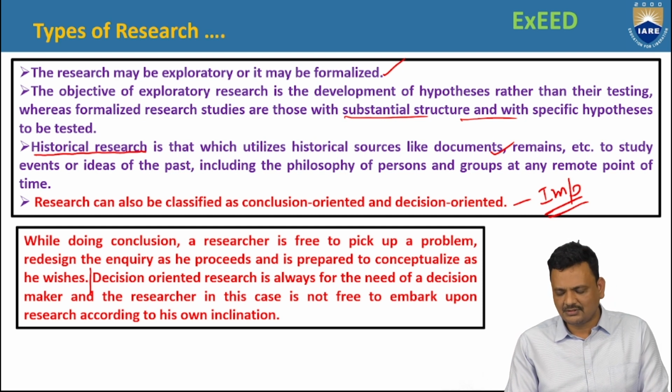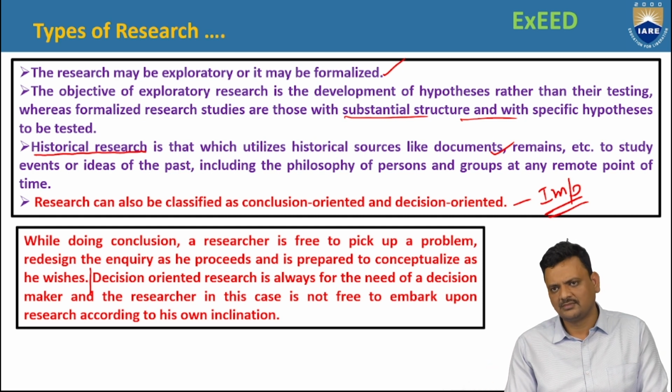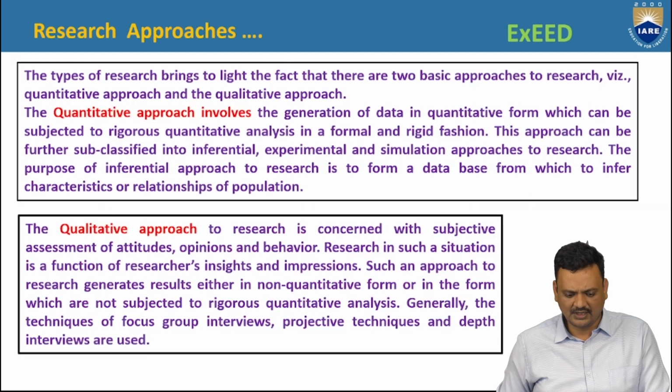The researcher cannot give a right conclusion, because that research has been done for decision making. Either you have to act accordingly, or you can escape from that research which has been performed.